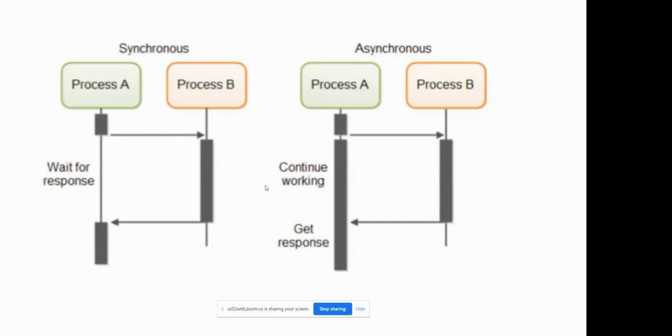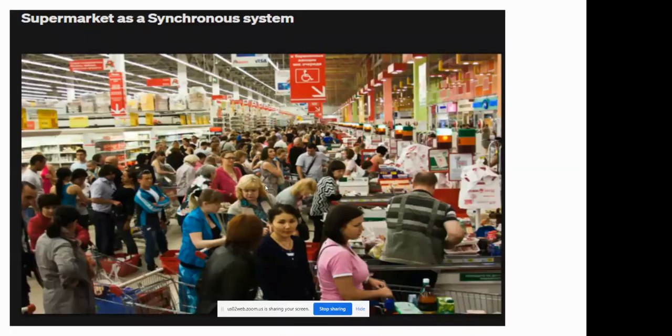I will tell you a real world example so that you can easily understand. Let's take a supermarket. You are going to the supermarket, purchasing products, and you come to the cashier counter. The cashier has to process one by one. You have to wait until the cashier finishes the process for the first person.